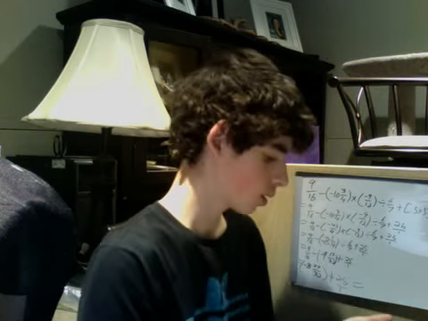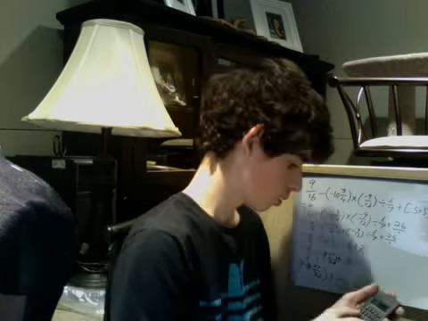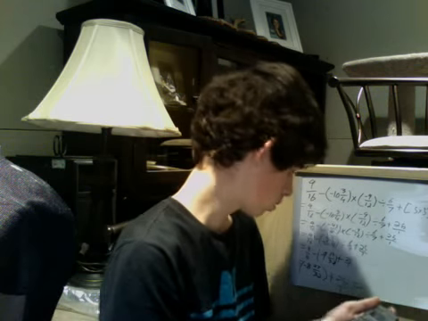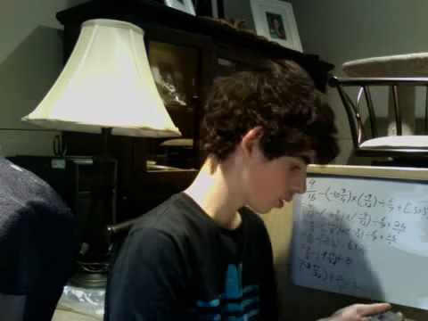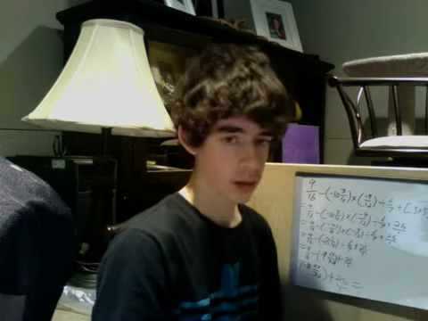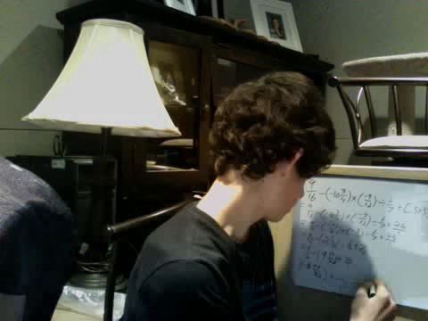So negative 8 and 27 over 32 plus 25 over 1 equals 16 and 5 over 32. Well, negative 16 and 5 over 32.